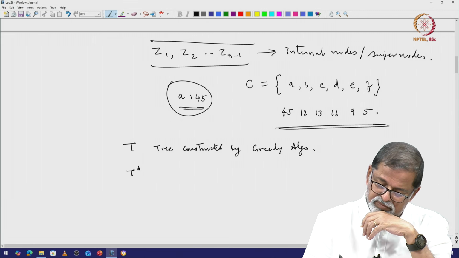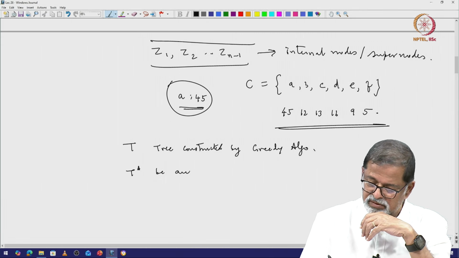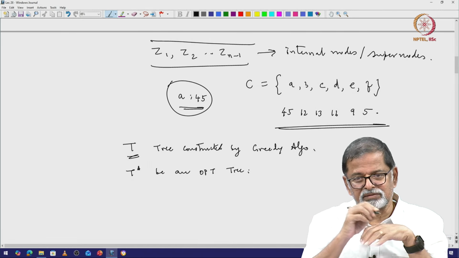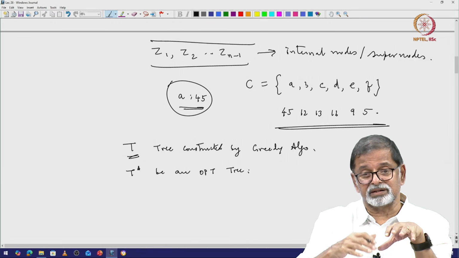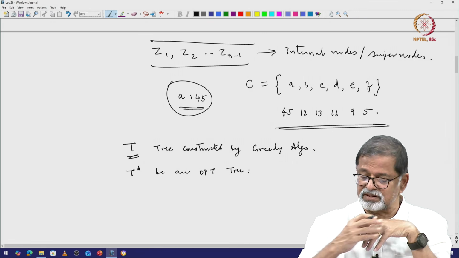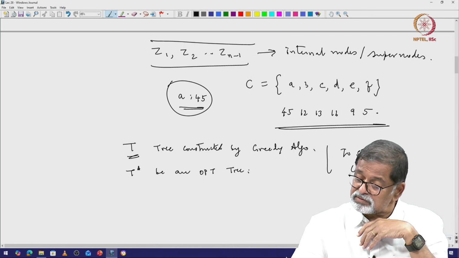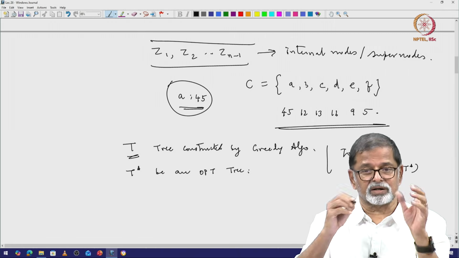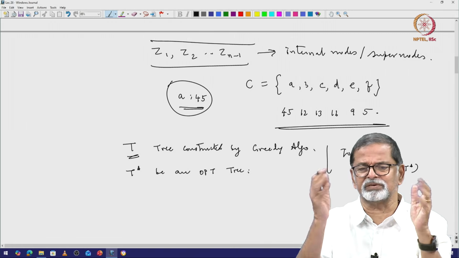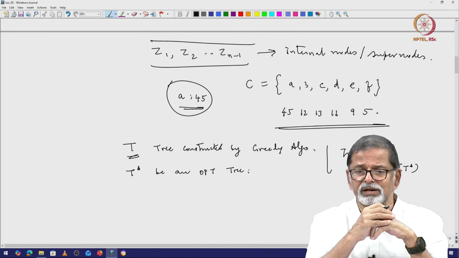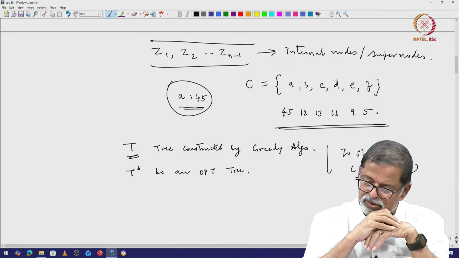Let T star be an optimal tree. We want to show that the cost of T is the same as the cost of T star. That is, this is also an optimal tree. There may be several optimal trees. You have identified through this greedy algorithm an optimal tree. That is what we want to argue.